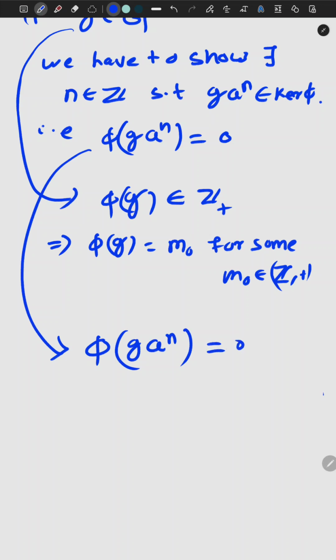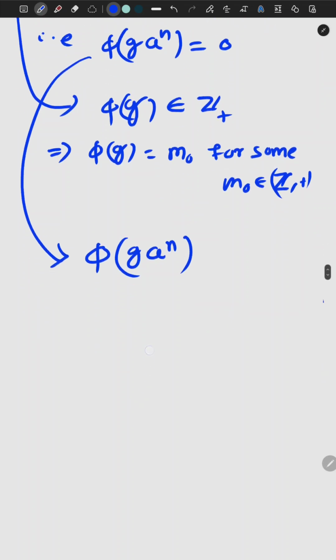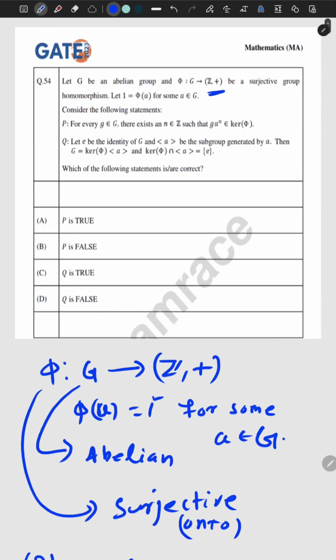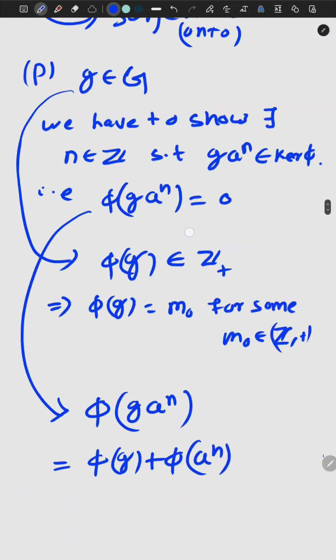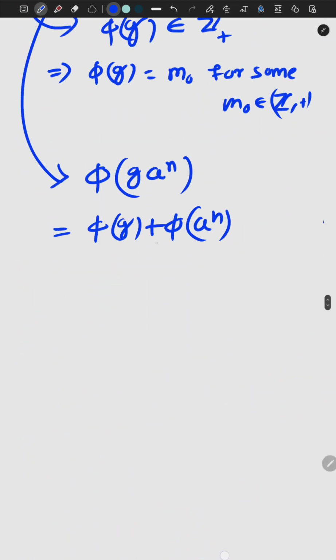So first let us calculate phi of g a to the power n. According to the definition of homomorphism, phi of g a to the power n gives phi of g plus phi of a to the power n, because our range set Z plus is a group under addition, so the plus sign comes.